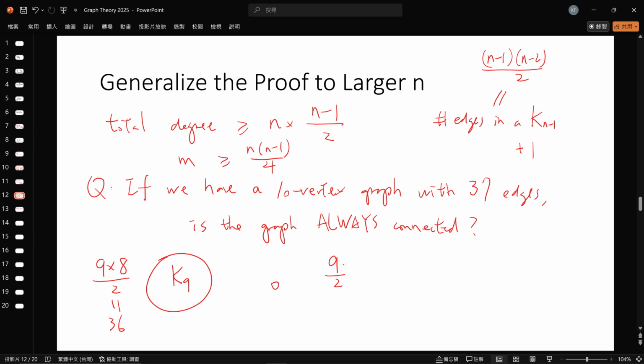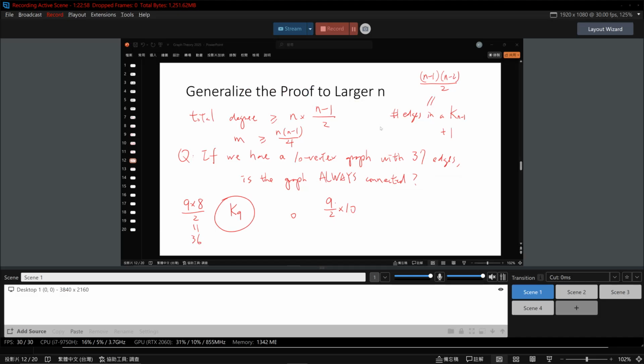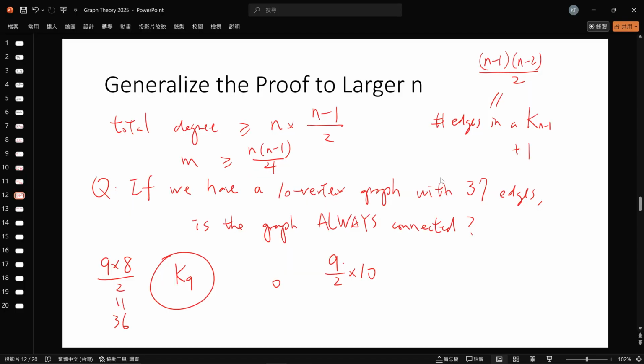So this is the minimum degree times 10. So this is 45.